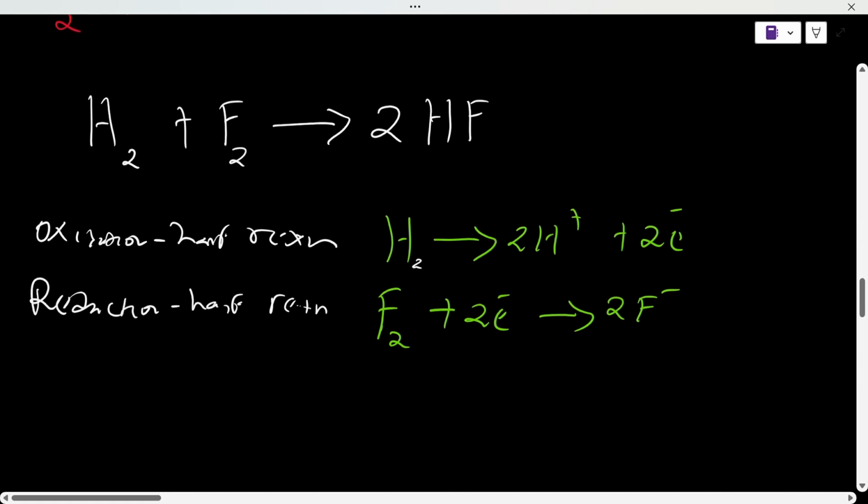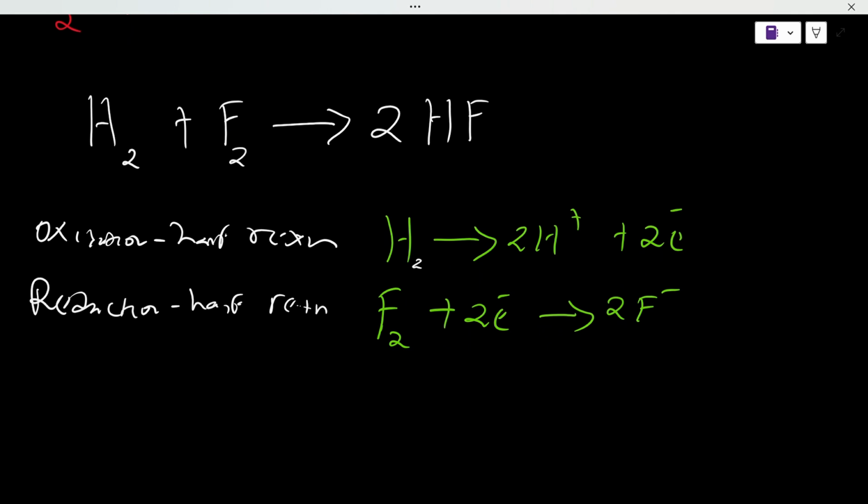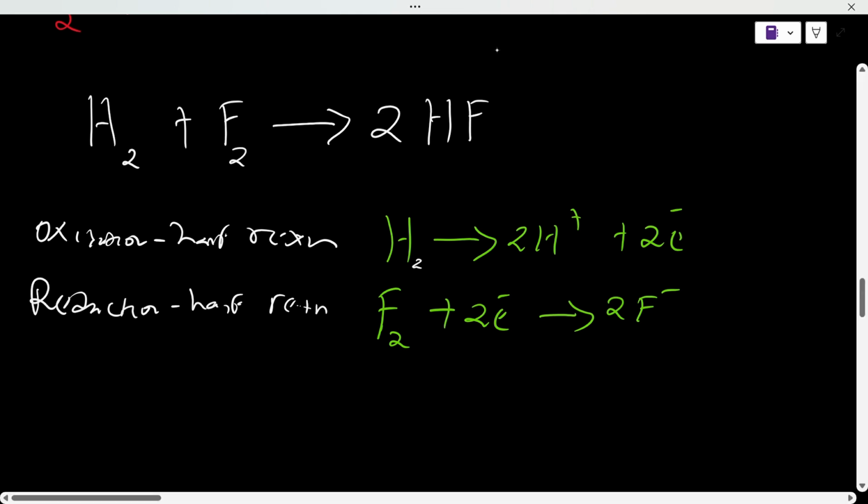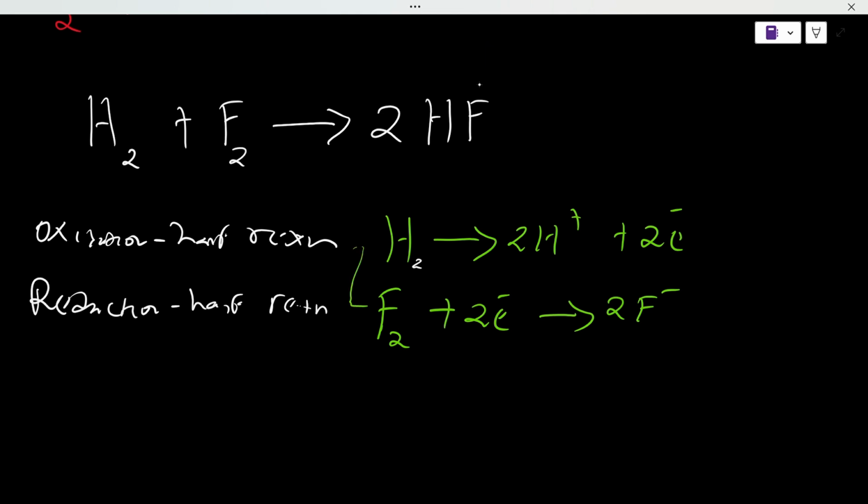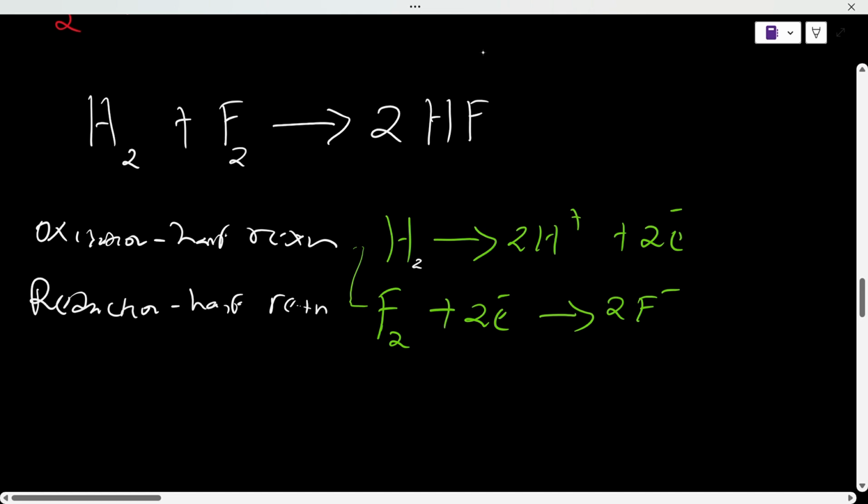Now, at the end of the day, I can decide to join the 2 reactions. And I know that in the same given reaction I have there, I'm having a redox reaction occurring.